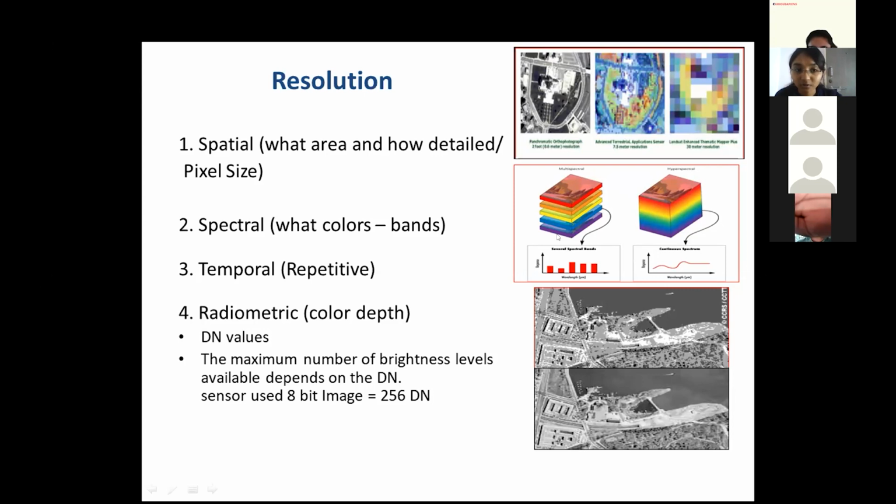Then there is the temporal resolution. By the term only you can understand that it is related to time, right? Why is it important to make such a distinction? There are satellites which revisit a particular location twice a day.